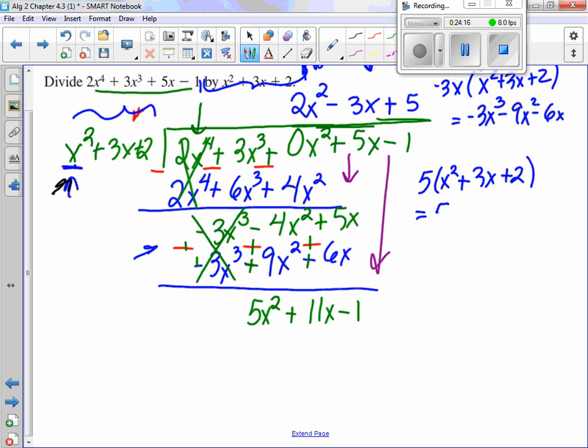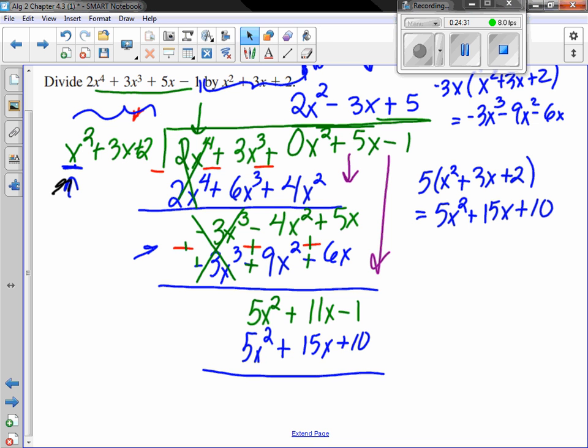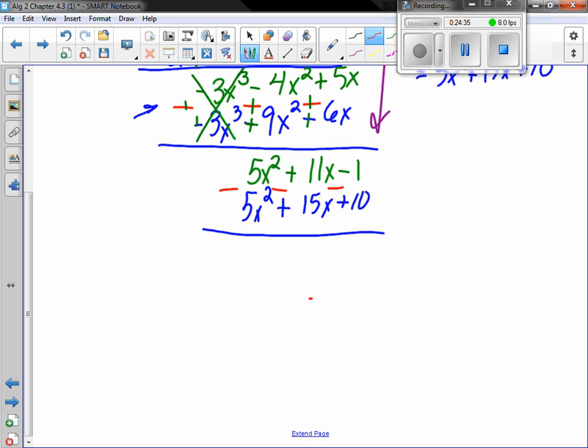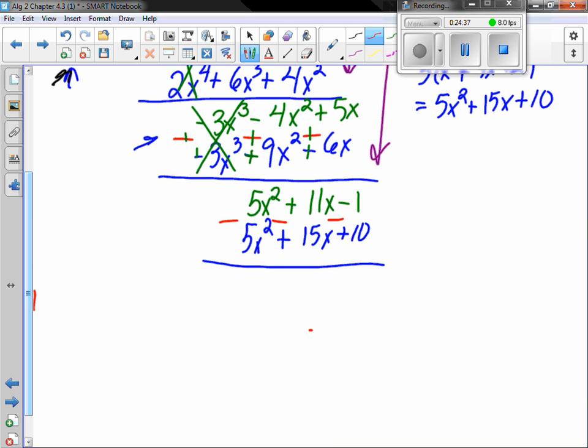This here would give us 5x squared plus 15x plus 10. I'll scroll back up here in a second. Any questions on this here so far?